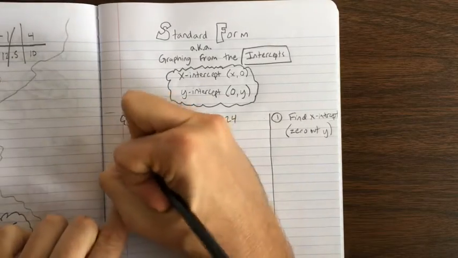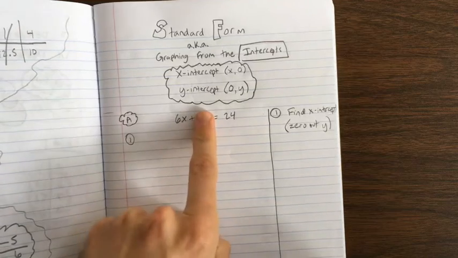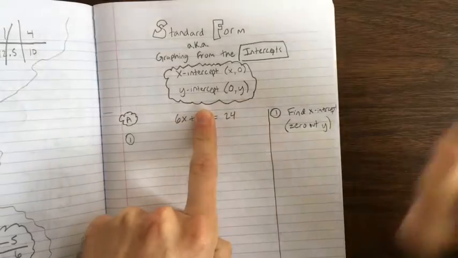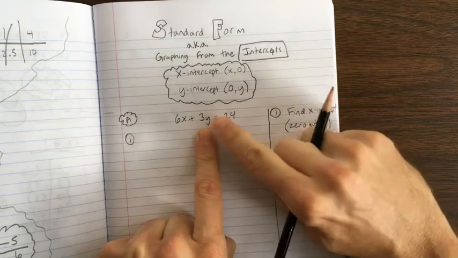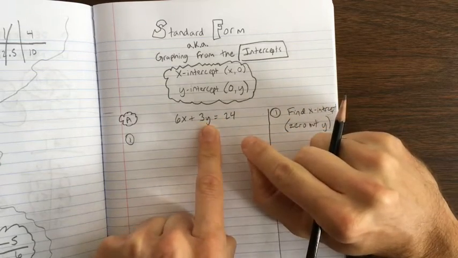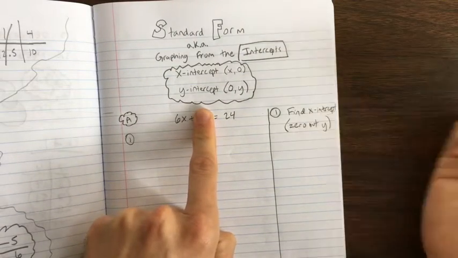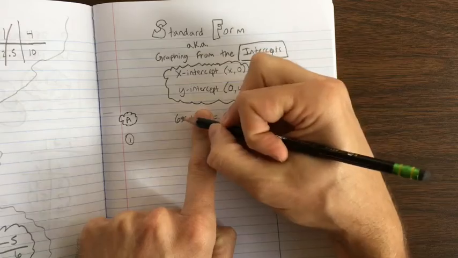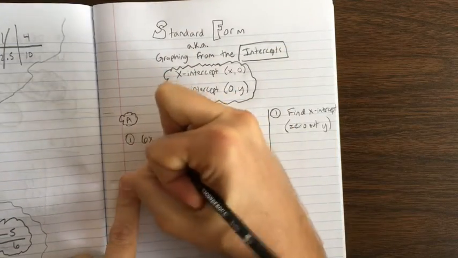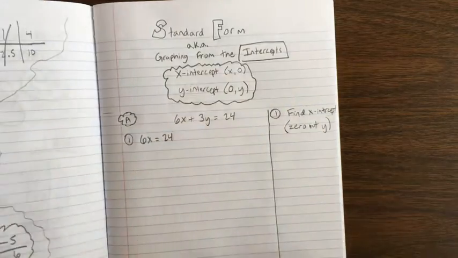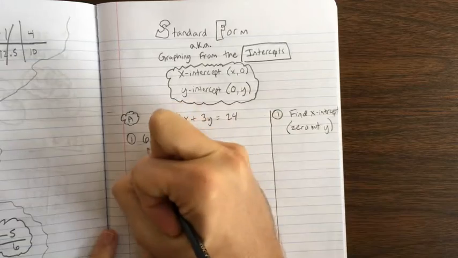Well, I'm going to take my finger and cover up the y. So I want to make it go away, right? It's nothing. Another way to think about it is if 0 replaced that y and we did 3 times 0, well, what's 3 times 0? It's nothing. So now I'm just going to rewrite the equation: 6x equals 24. Because I'm zeroing out the y. This is a one-step equation, so 6th grade math.